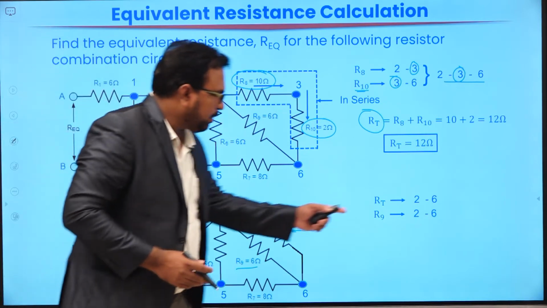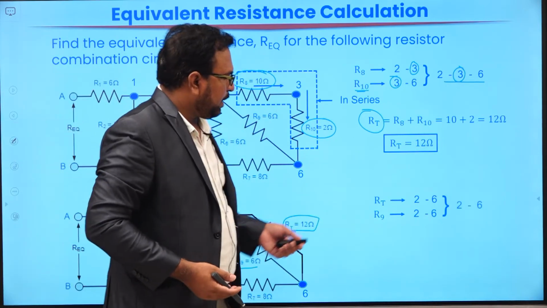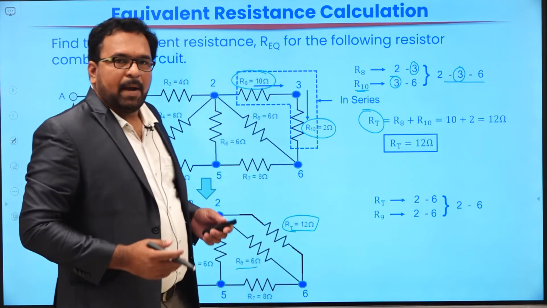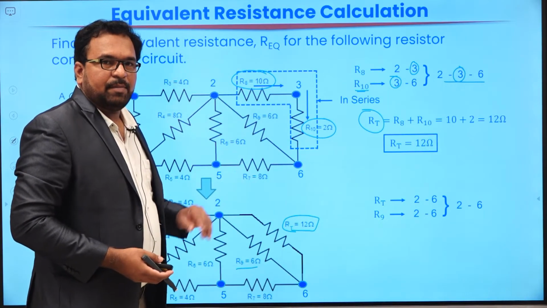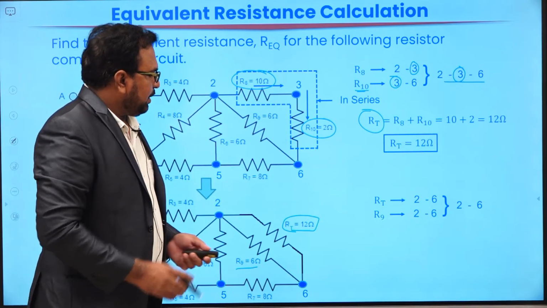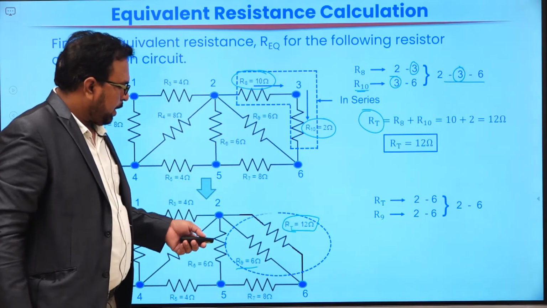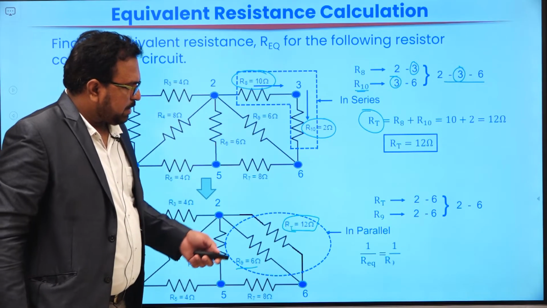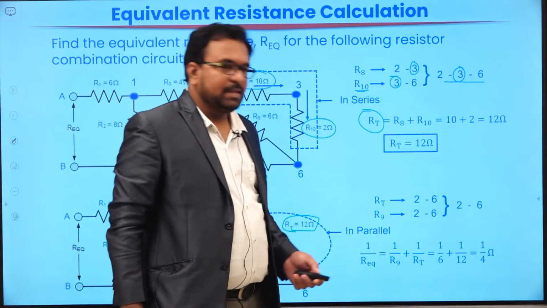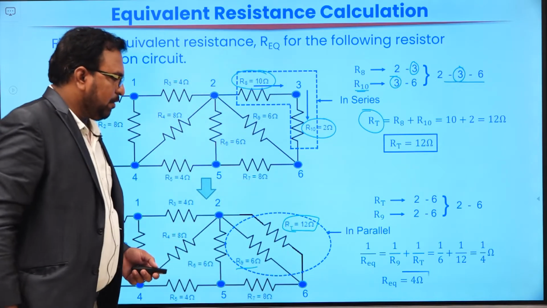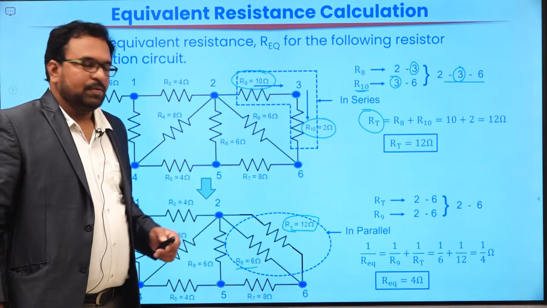When two elements are connected between the same nodes, we know that those two are in parallel. If any number of elements are connected between two nodes, we say those elements are in parallel. In case of this parallel, the equivalent resistance can be calculated as 1 by R1 plus 1 by R2. That means 1 by 6 plus 1 by 12. Therefore, the equivalent resistance is going to be 4 ohms.